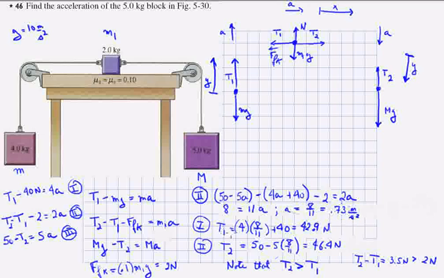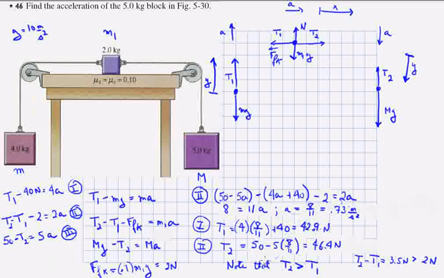I go a little bit further here, and I show that T1 from equation 1 is 4a plus 40, and so that's 42.9 newtons for the tension on the left side. And T2, using equation 3, is going to be 50 minus 5 times 8 over 11, that's a here, which is 46.4.